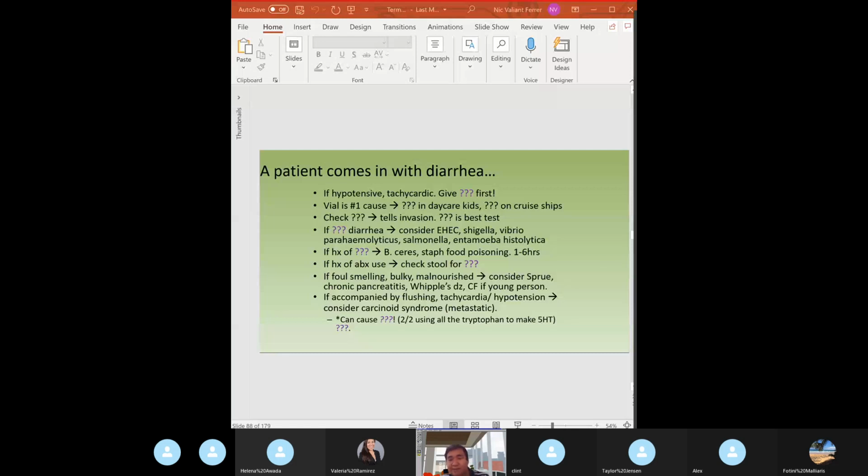Dementia, dermatitis, diarrhea. What is that? Niacin deficiency. Good job. See, we're integrated, right? Carcinoid syndrome can cause niacin deficiency. Why? Secondary to what? You use all your tryptophan to make 5-HT. So don't forget dementia, dermatitis, diarrhea.